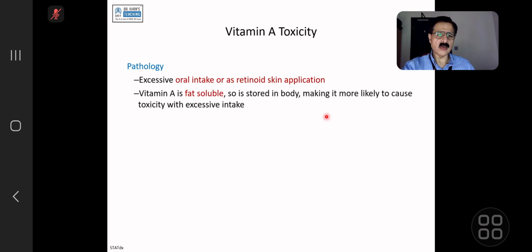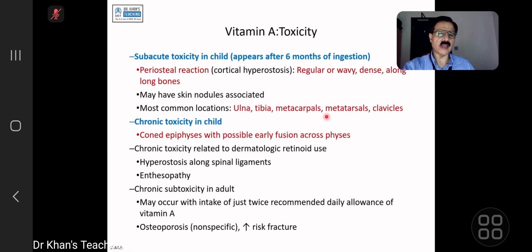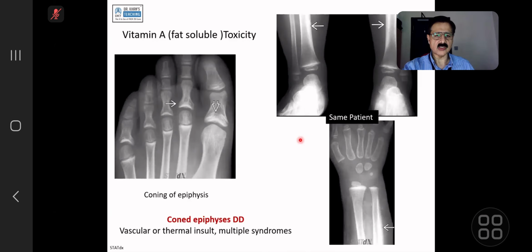Now, vitamin A toxicity, what happens is it's fat soluble, so we can eat it, and usually the dose, and so periosteal reaction, regular or wavy, dense along long bones. There is another finding which is a very unique finding, and I am going to show you an example because if somebody shows you in the exam, you should know coned epiphysis with possible early fusion across physis.